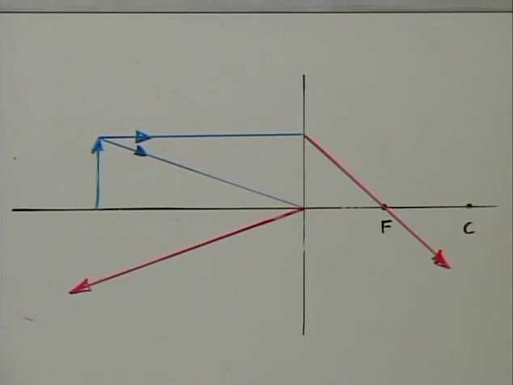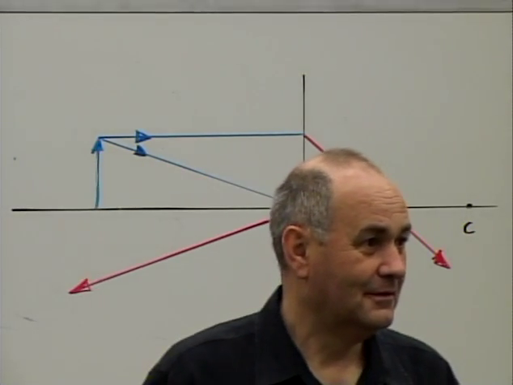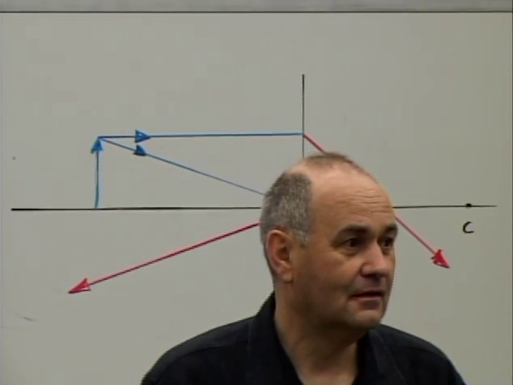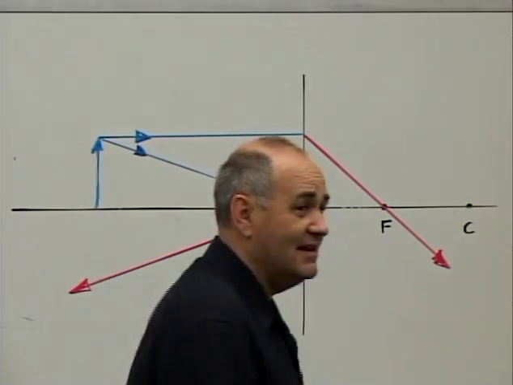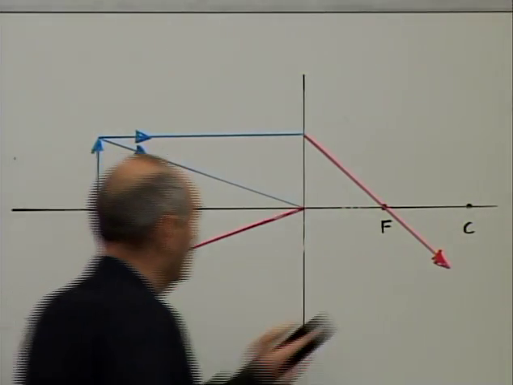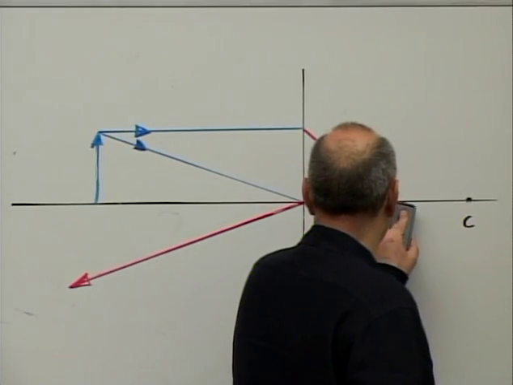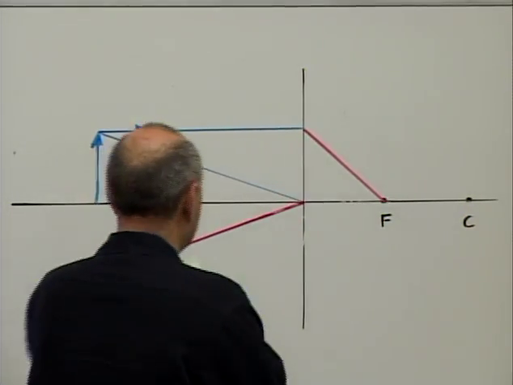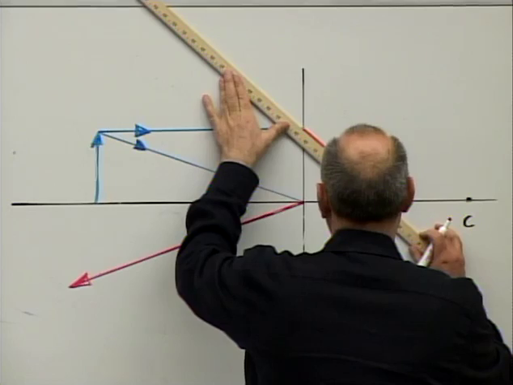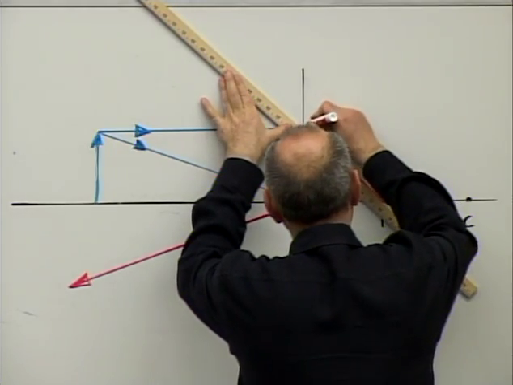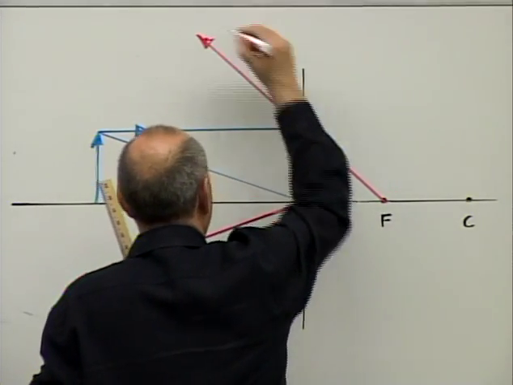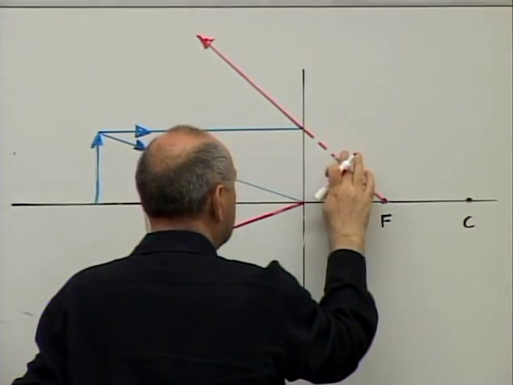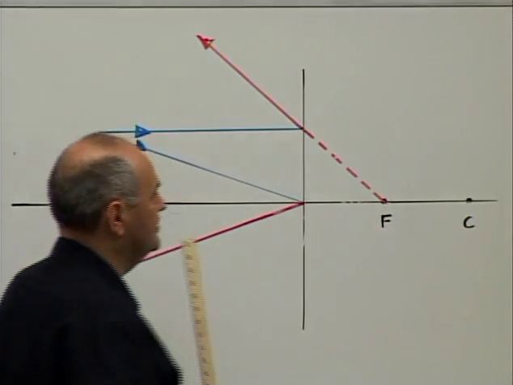Right? This is wrong. I told you that I'm going to pull your leg. What's wrong? It's in the wrong direction. Light will never get behind the mirror. It's going to be reflected in this direction so that the extension passes through the focal point.